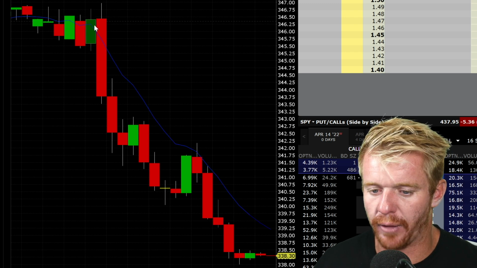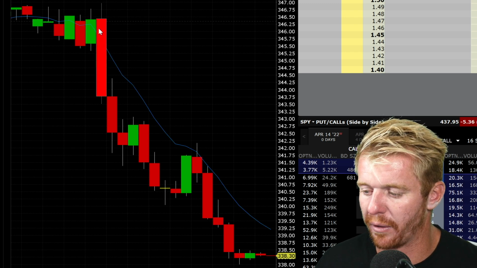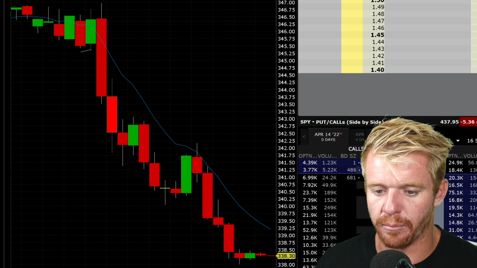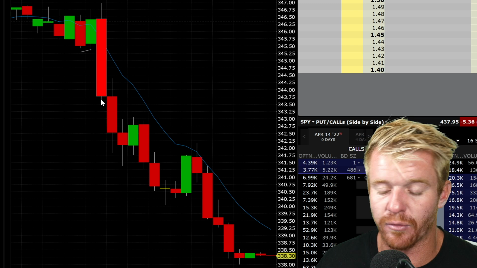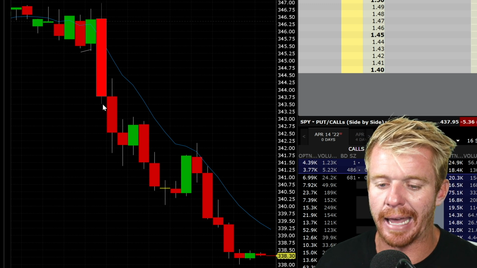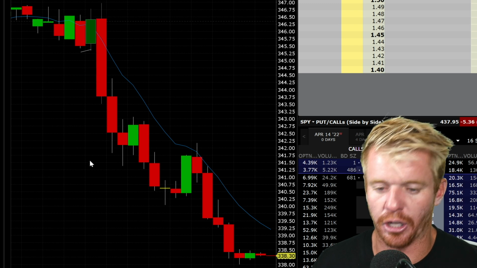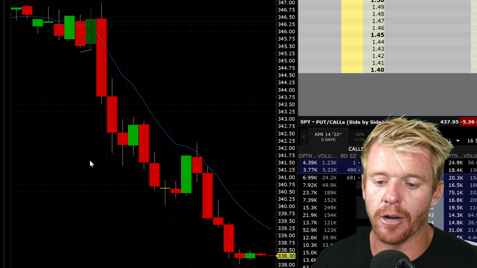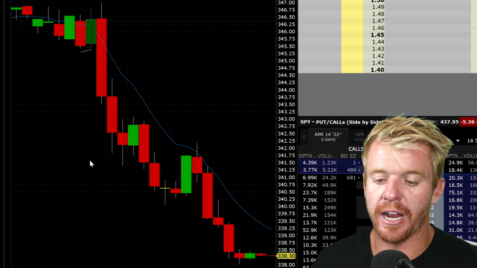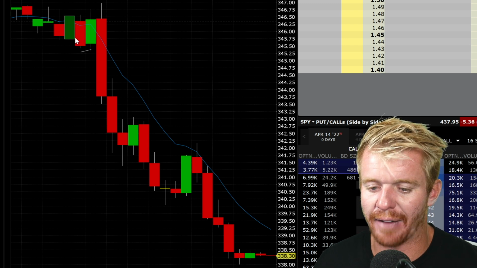For example, this candle right here, you can see it went from 347 and dropped to 343. That's a massive bearish engulfing candle, and that's just not good. You see a candle like that and there's a good chance this thing is going to go lower, especially after it consolidates.